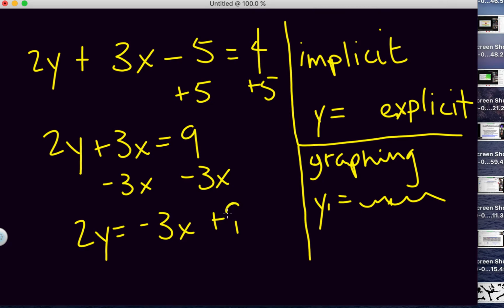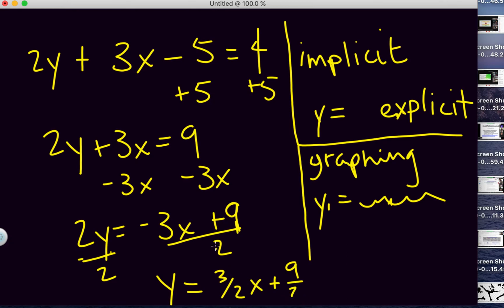Last step, dividing both sides by 2. Y is equal to negative 3 over 2 x plus 9 over 2. Sorry, I lost the negative.